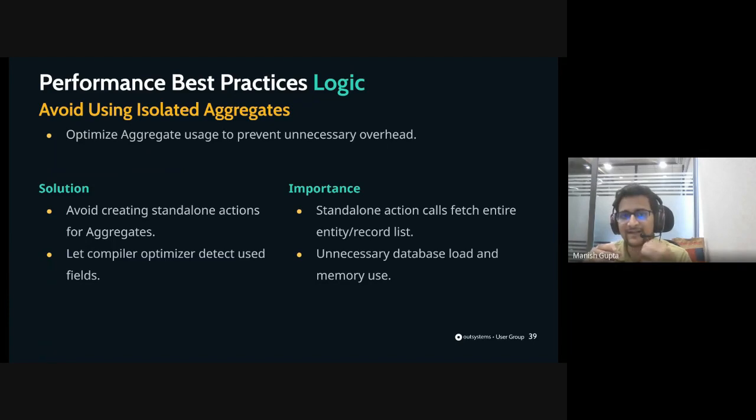Whenever an action is called and its output is an entity or a record list, then the entire entity or entities with record list are fetched from the database. So basically it is fetching all the data from there. This operation occurs even if the action does not utilize all the fields, because you can see that in the aggregates we have multiple attributes, but not every attribute is being used on the screen.